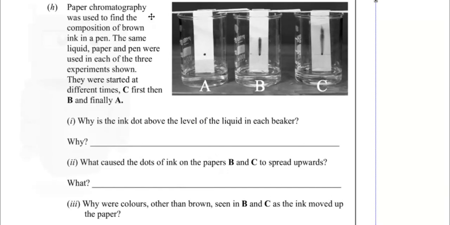Okay, so imagine that it's like a wave, and this is the surfer. And what happens is the water rises up the paper. It contacts the red dot, dissolves some of the red dot, and then some of the red dot stays behind.